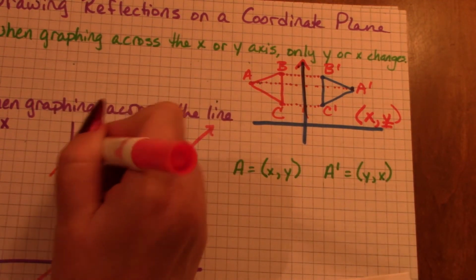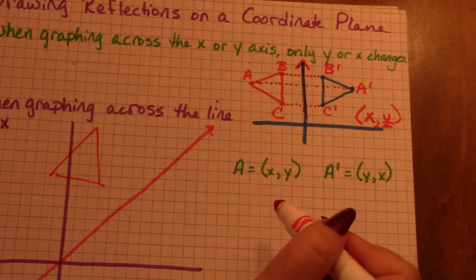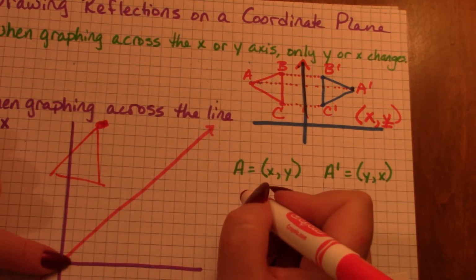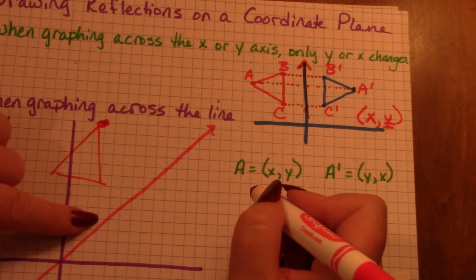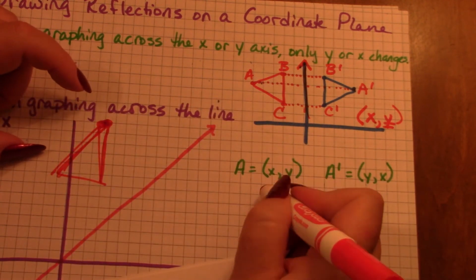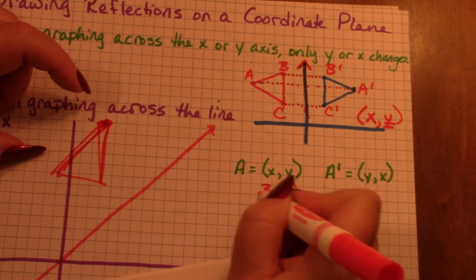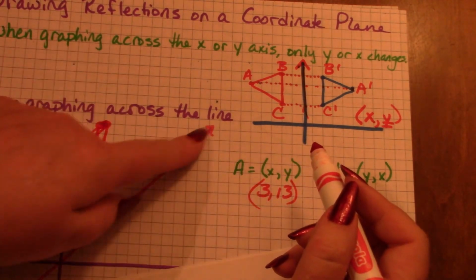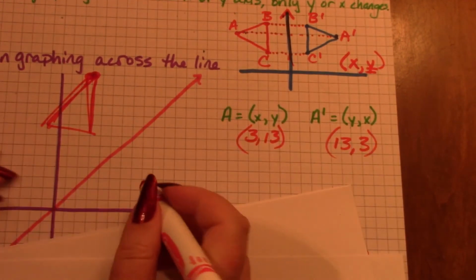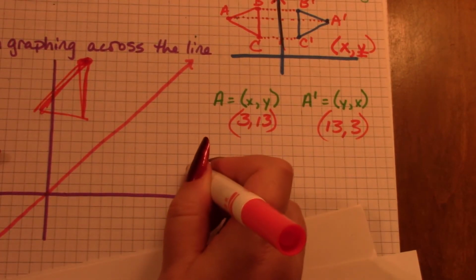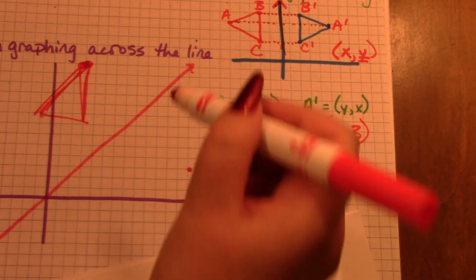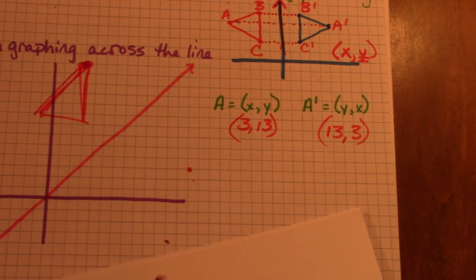So if you've got any kind of shape up here, whatever this point is, if this is point 1, 2, 3, 1, 2, 3, 4, 5, let's say it's right there, and this is 3, 13, then when you reflect it across a diagonal line, it's going to be 13, 3. And connecting those two will give you a perpendicular line.